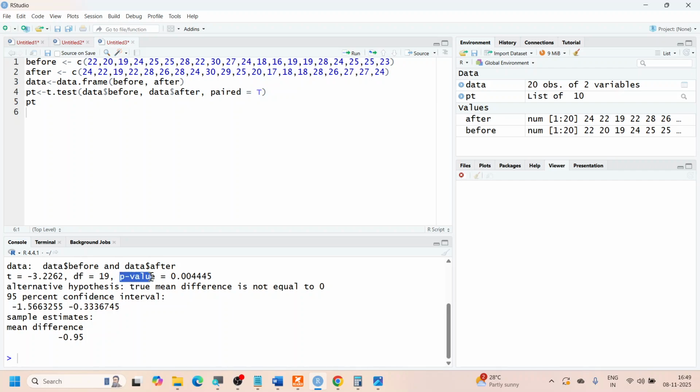So from the value we are going to take the p value, as I told you. We are going to say whether this p value is less than 0.05, then we say that we are rejecting the null hypothesis, or else we say that we are accepting the null hypothesis. So let's do that part here.